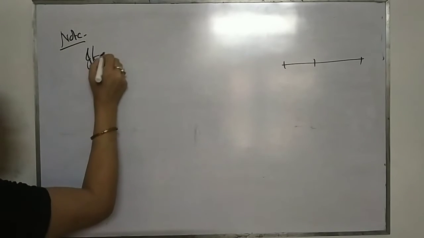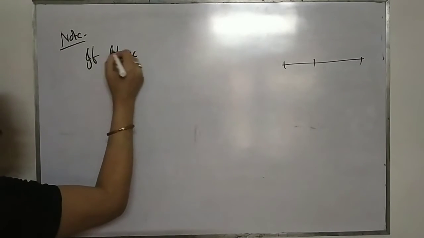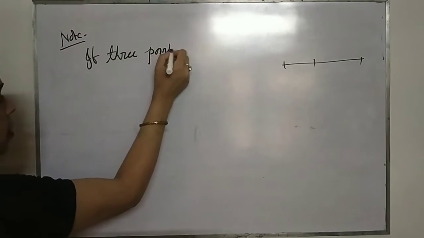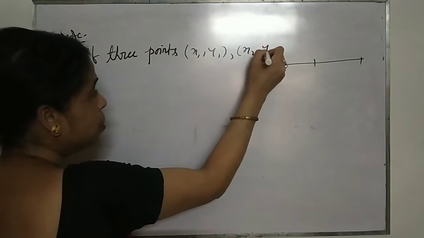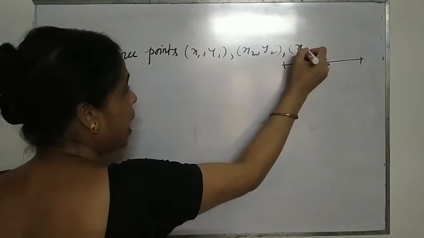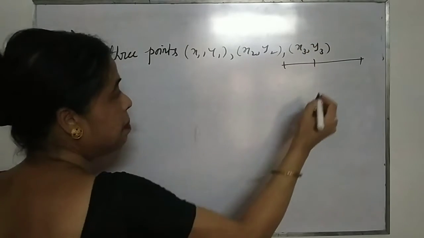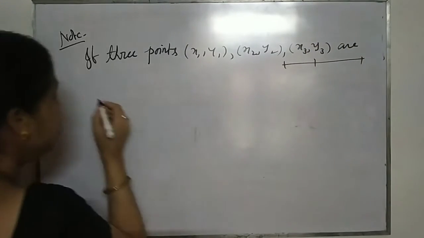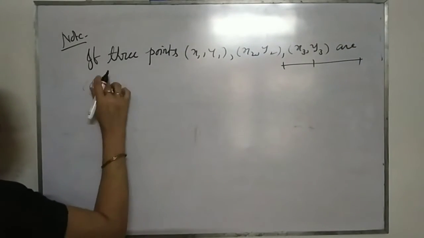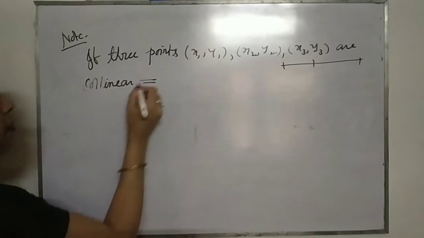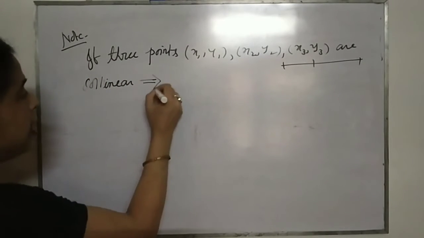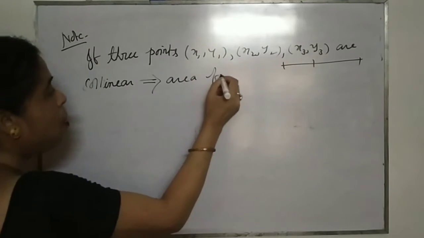If three points (x1, y1), (x2, y2) and (x3, y3) are collinear, then what conclusion can you give?